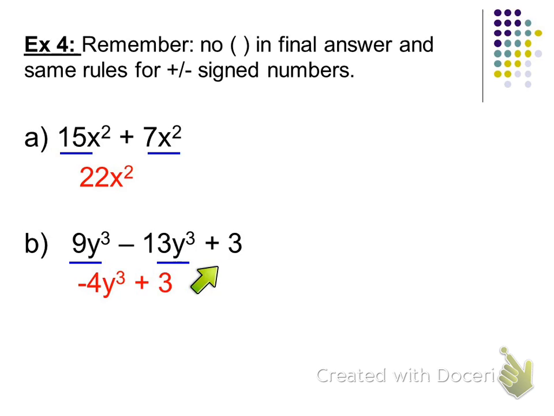And then in the back, the plus 3, nothing combines with it, so you just write it on the end. Now from here, these terms are not alike, so you're done. A lot of students mistakenly try to make this like a negative 1y to the third, something crazy. Don't do that. They're not alike. You are done. If you couldn't combine them up here, you still can't combine them down here. Any questions?